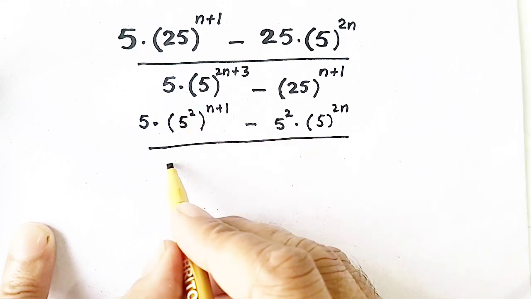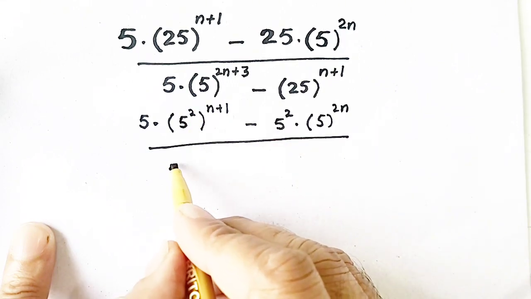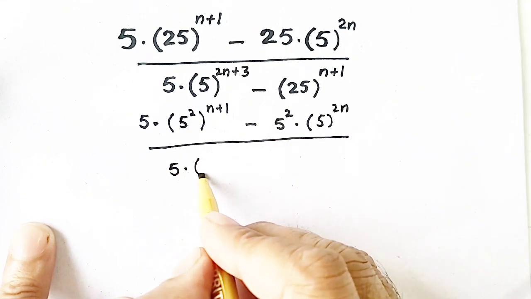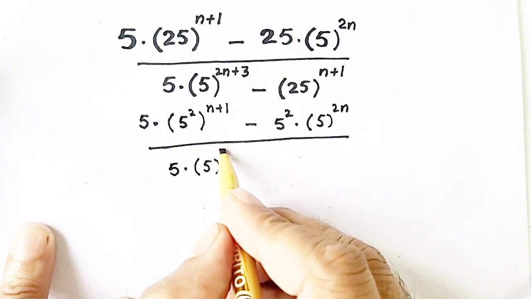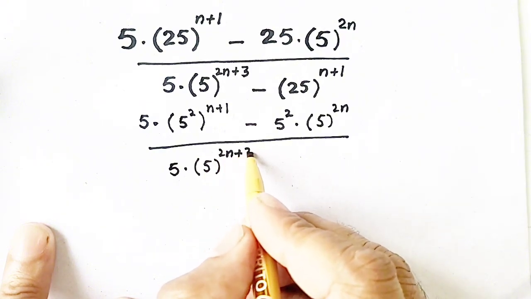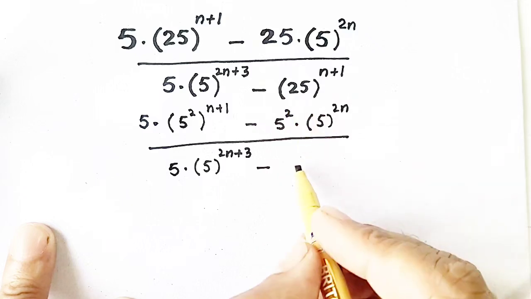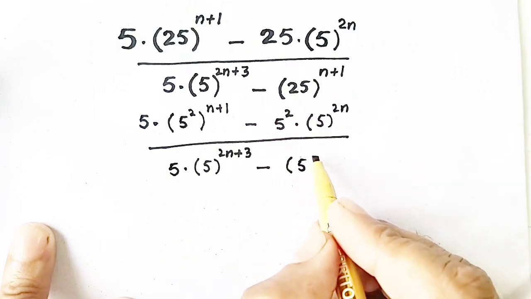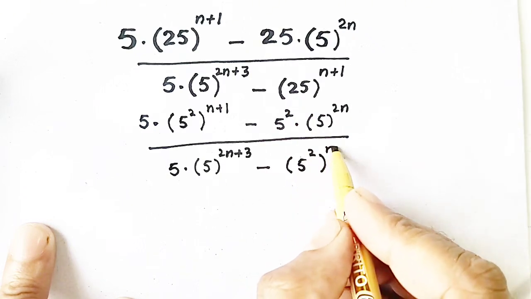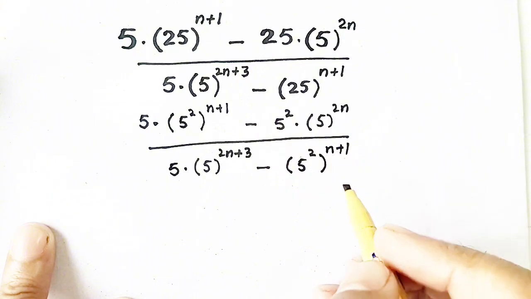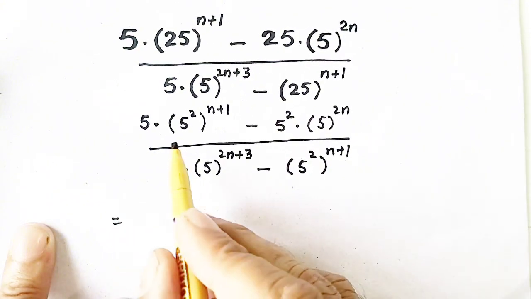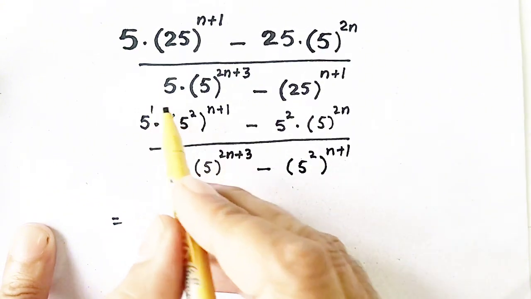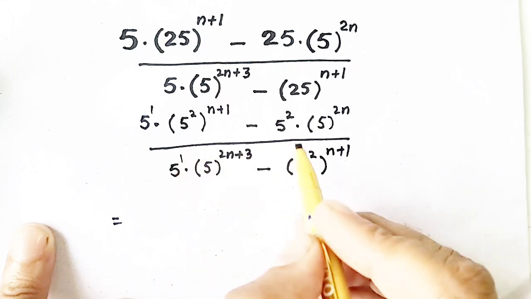In the denominator, we have 5 and 5 raised to power 2n plus 3 minus this 25 can be written as 5 squared to the power n plus 1.